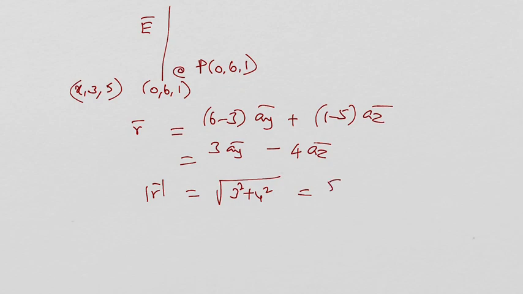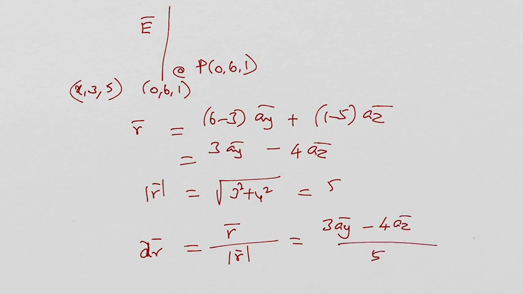Right. So you tell me, what is AR vector? It is vector by the magnitude. So it is 3ay minus 4az by 5, that is 3 by 5 and minus 4 by 5. Now, what is the electric field intensity?